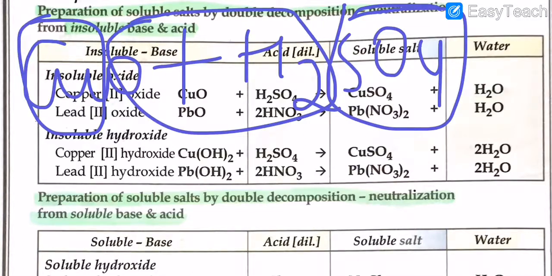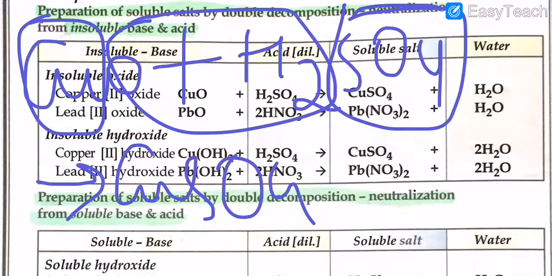Whenever you are finding a product in a neutralization reaction, just find how you can combine and how you can find water and salt as a product. So you have CuSO4, which is a salt, plus H2O. Got it? You have a soluble salt and you have water.